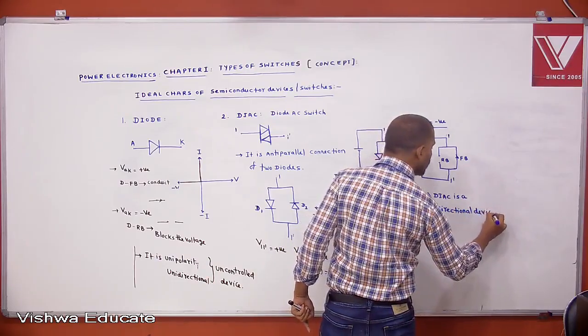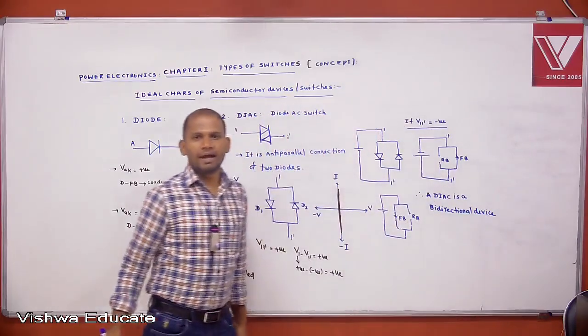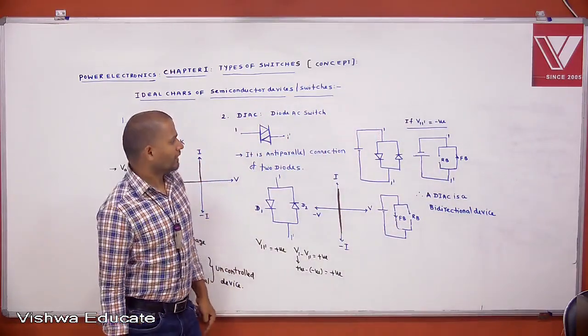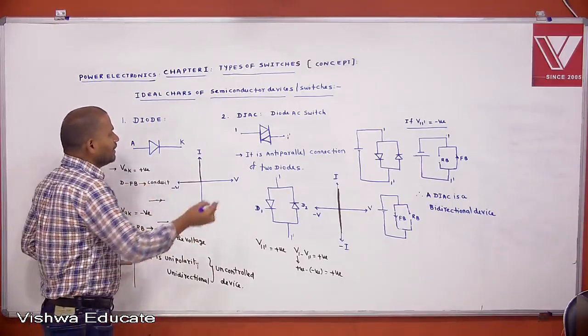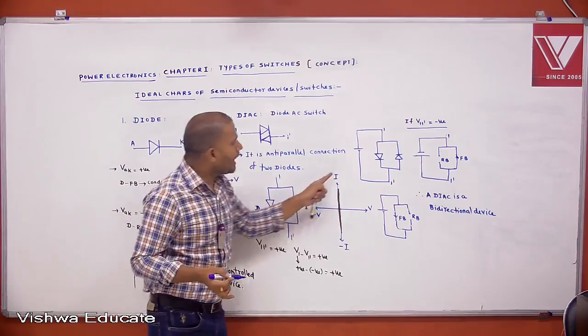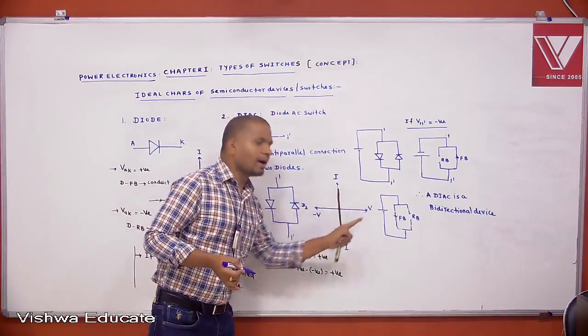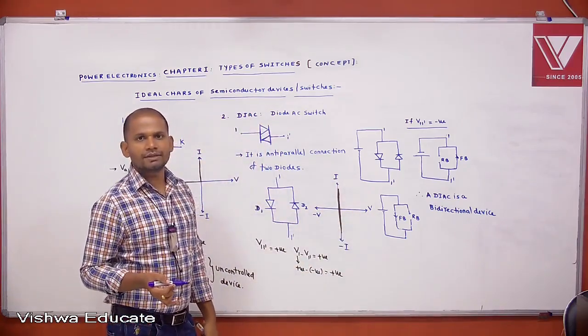It conducts in both directions. A diac is the example of a bidirectional device. This is the ideal characteristics of a diac.